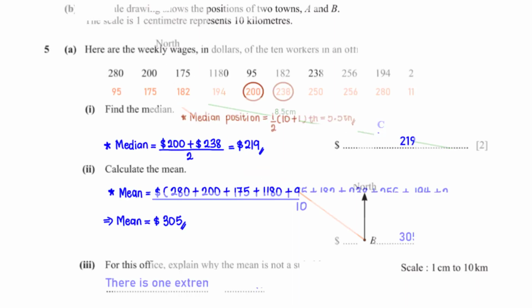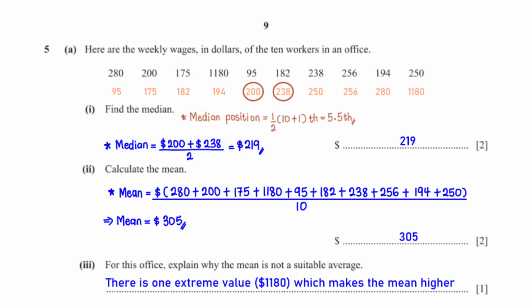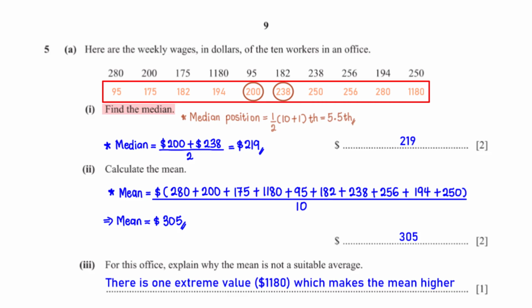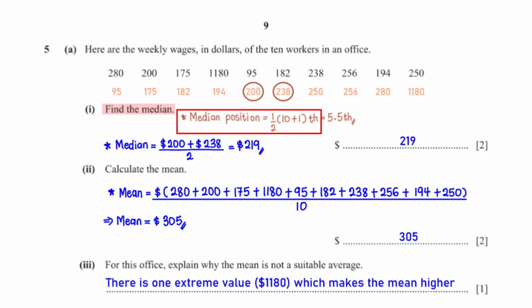Here are the weekly wages in dollars of the 10 workers in an office. Find the median. First, we need to arrange the wages in ascending order. There are 10 values in total, so to get the position of the median, we use the formula (n + 1)/2, where n is 10. This gives us 5.5.